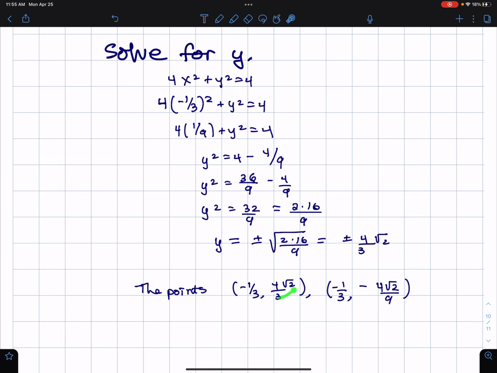We could try to fiddle around to prove that this number is between 0 and 2, because it has to be between 0 and 2. I mean, if you square it, this is less than 2 squared, which is 4, so that makes sense. Okay, so this is our answer.